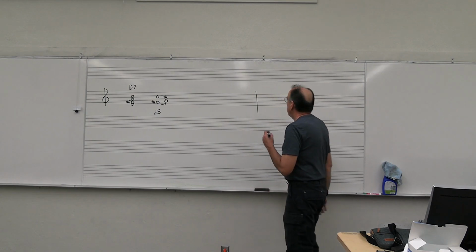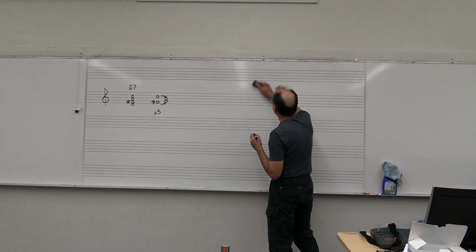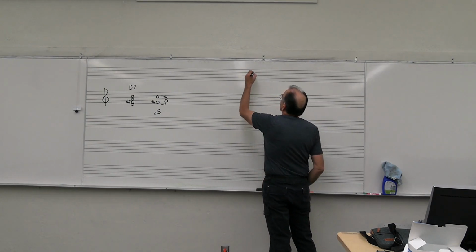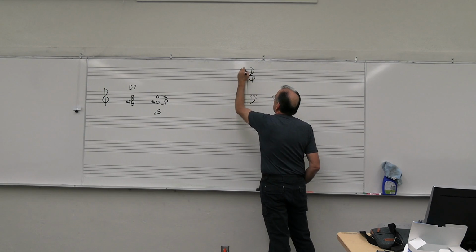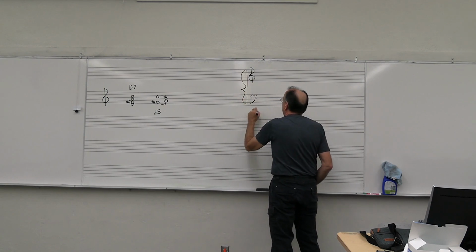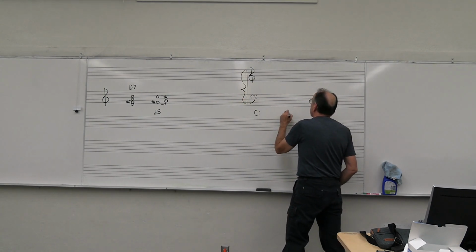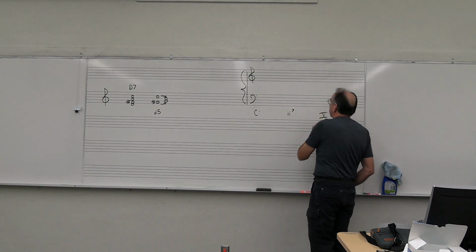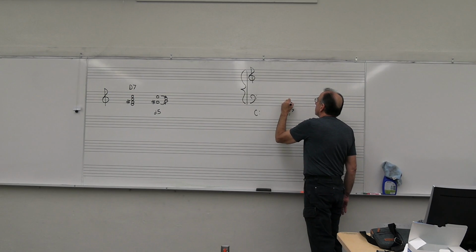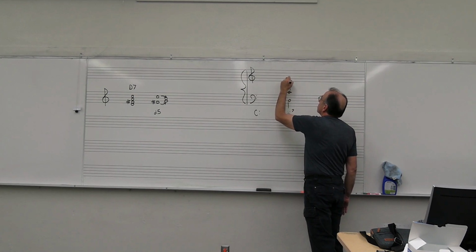So, if I'm in the key of C major, let's say, and I'm writing the progression 2, 7 to 5, I've got the 2 chord, which is this.